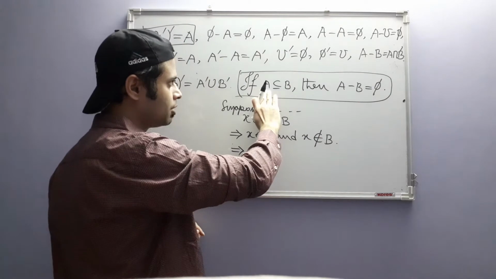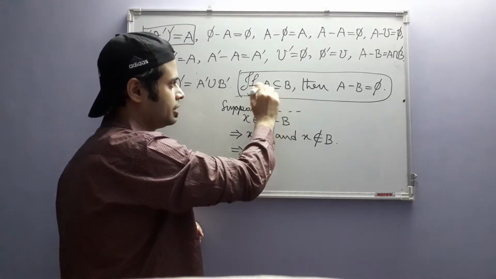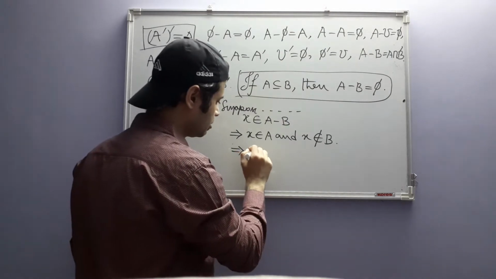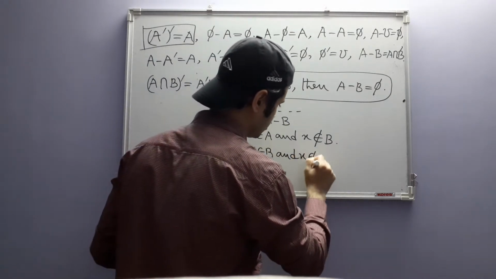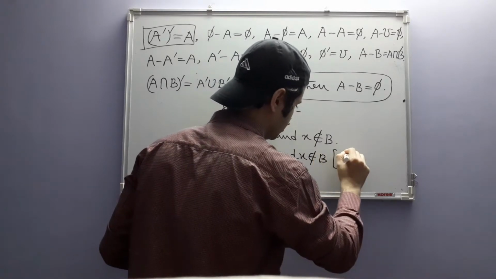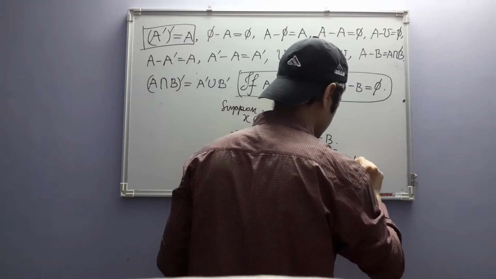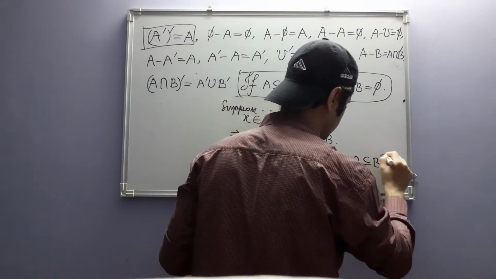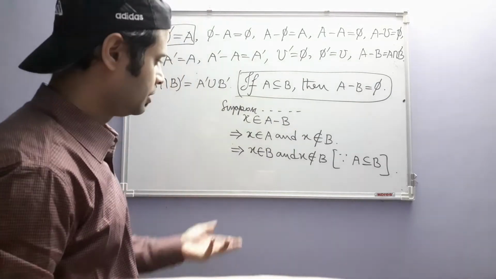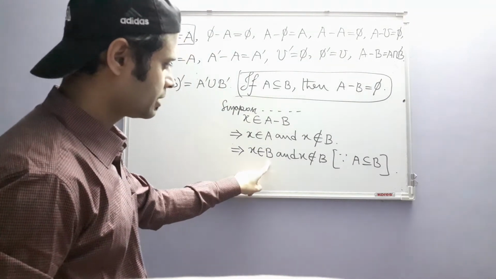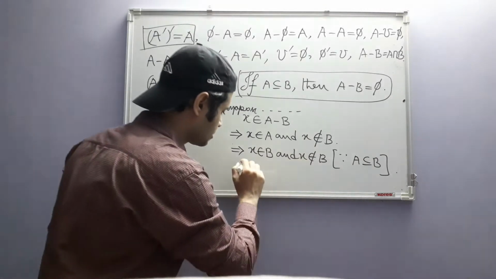But X belongs to A means X must belong to B because A is a subset of B. So X belongs to B and X does not belong to B. Here you can write the justification: since A is a subset of B. But this is impossible.